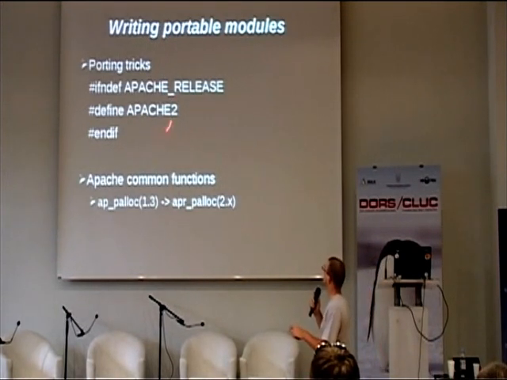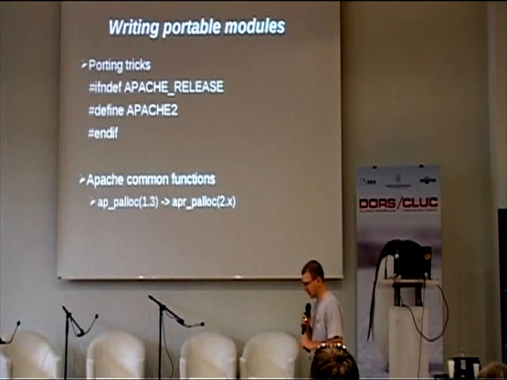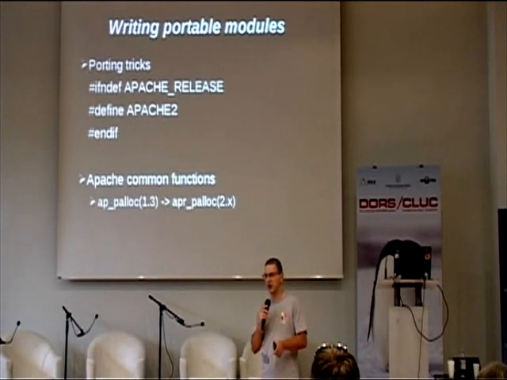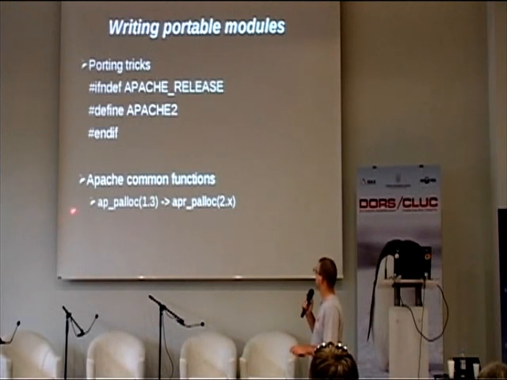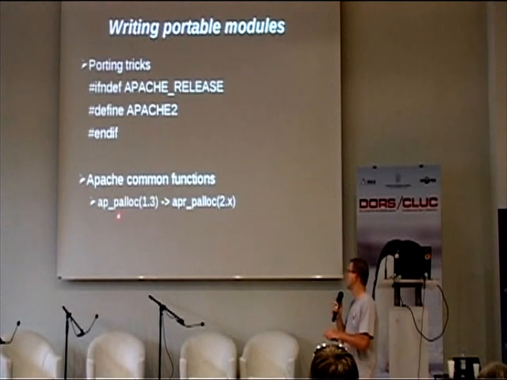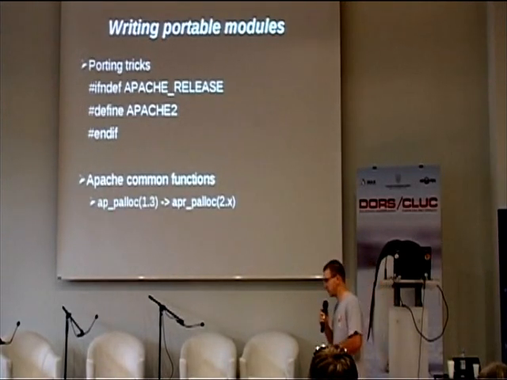Yeah, the porting trick: you can check if this is not defined. This means that the code is not Apache 1.3. And the other thing, if your module was written for Apache 1.3, in Apache 2 your function should be called APR.